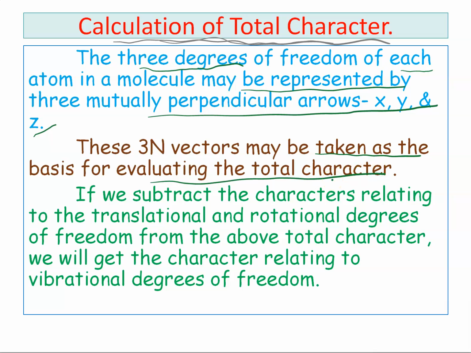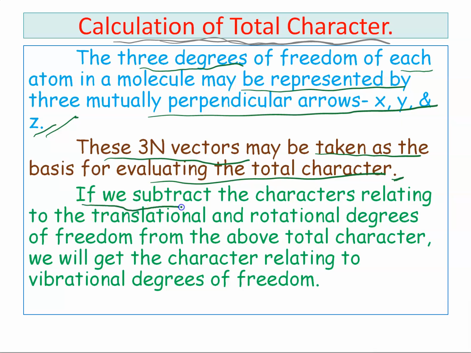For each atom we fix 3 vectors x, y, z, parallel, that is, all x are parallel to each other, all y are parallel and all z are parallel. There will be 3n vectors, and that makes the basis for calculating the total character. That will be a reducible representation. Clear? I think you will be clearer while discussing the examples. Okay, we can move on.